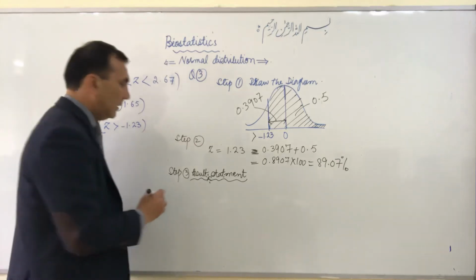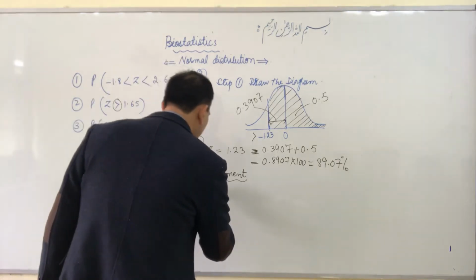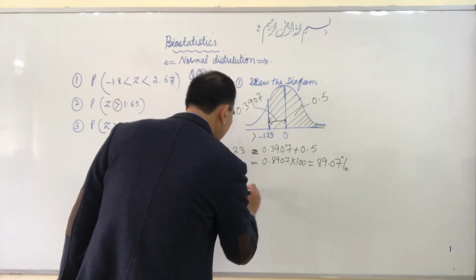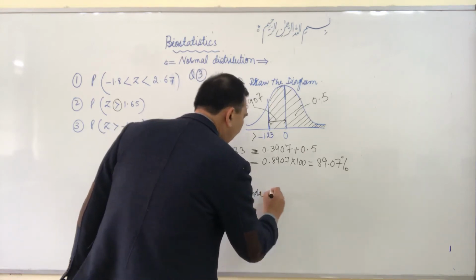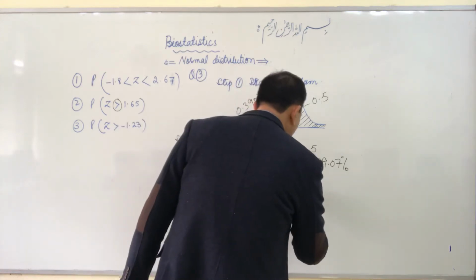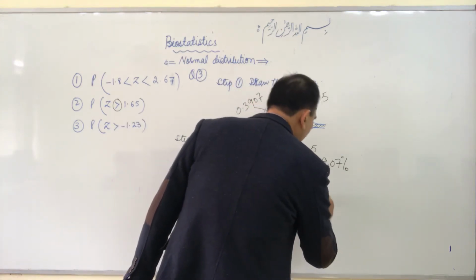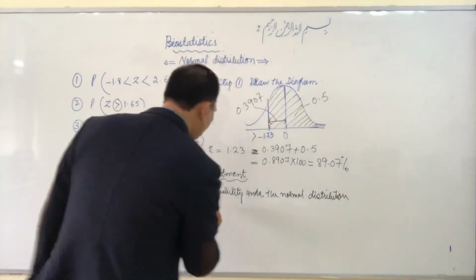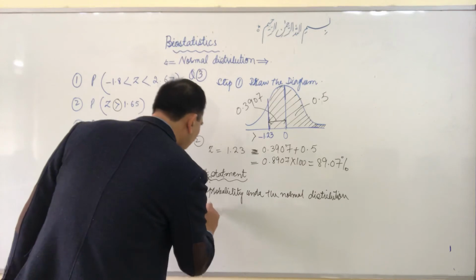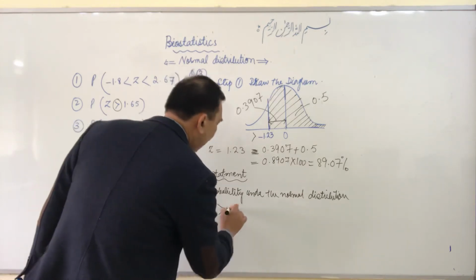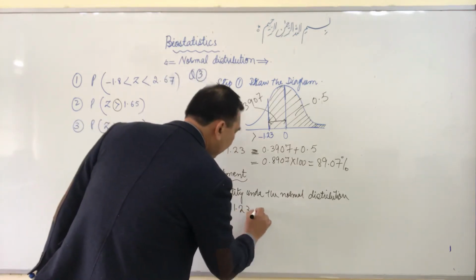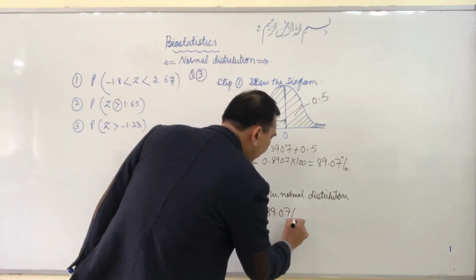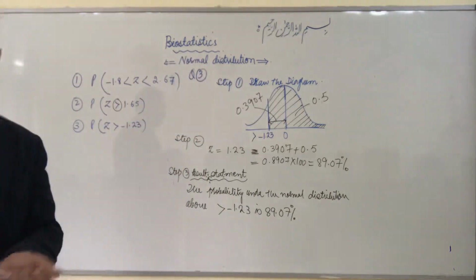So we say the probability area under the normal curve, the normal distribution, above minus 1.23 is 89.07%. This is the answer.